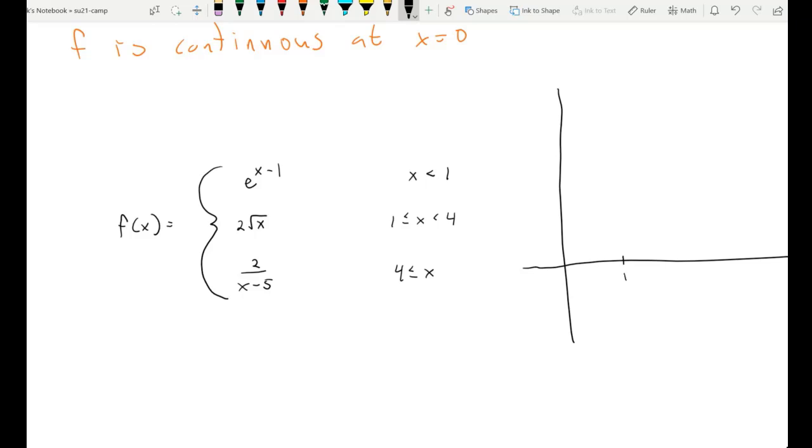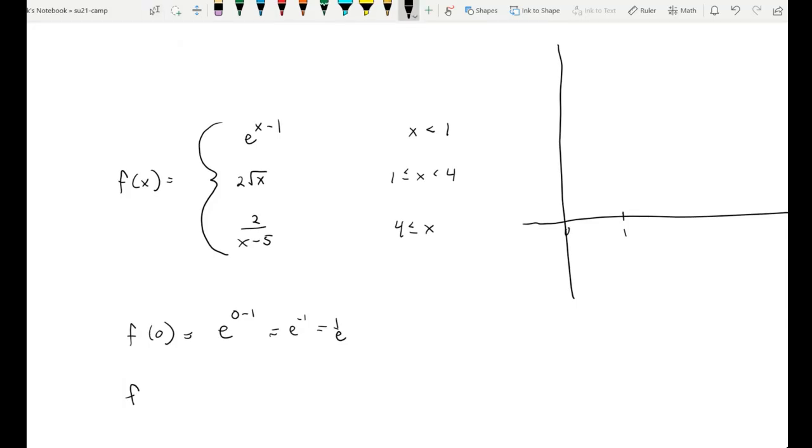So if x is less than 1, right? If I say, what's f of 0, what would you say? Well, you'd notice that when x is 0, that belongs in that first interval where x is less than 1. So that tells you that our function is defined by the first piece, the first expression, e to the x minus 1. Okay.